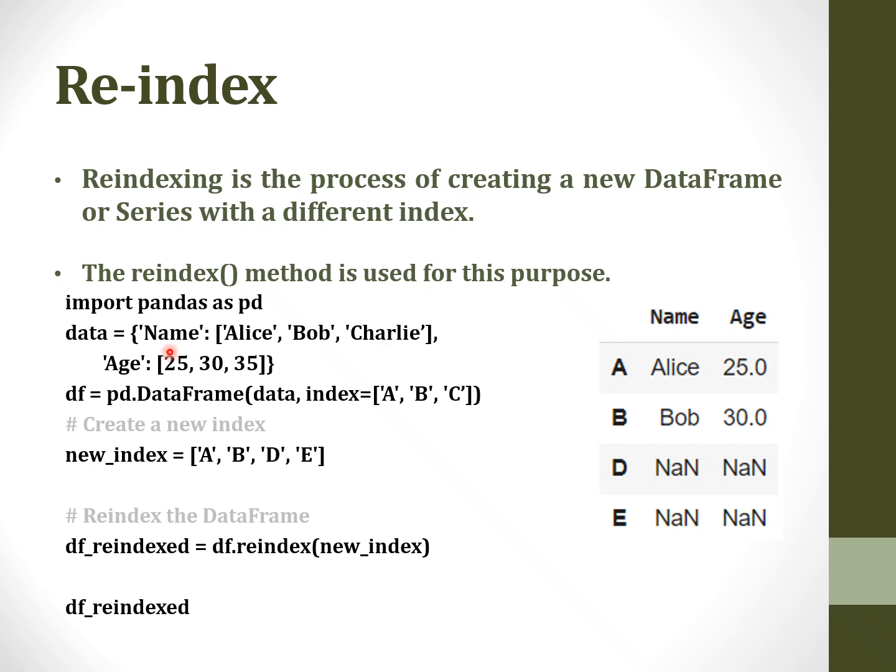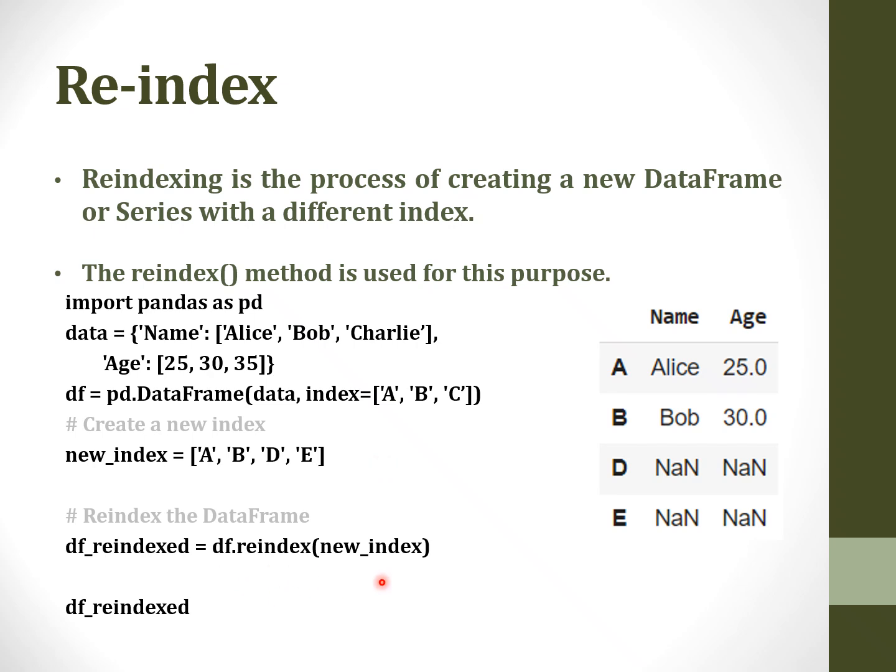You can see here the name and age data frame is created and the index has been given as A, B, C. Now we are creating a new index with the values A, B, D and E. Now we are using the command df.reindex with the new index. So instead of having the old index values, you will reindex with the new index values A, B, D and E.